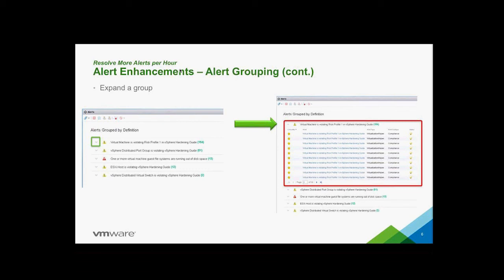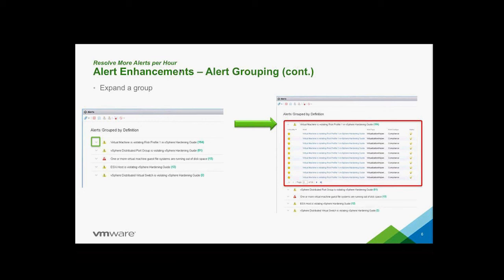Which basically means that if you have an alert, let's say regarding a virtual machine running out of disk space, and you want to see how many VMs or how many such alerts you've got, whether active or inactive or all the alerts together, then you can simply do that by grouping the alerts by definition. You can not only group them by definition, you can also group them by object. So you can do any kind of correlation which you want between alerts or figure out how many alerts you have or which one is causing a bunch of alerts.